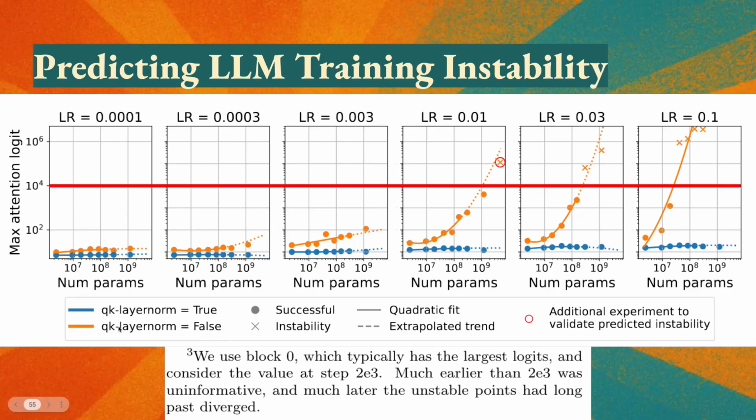As soon as we go to QK-layernorm being false and the learning rate starts increasing, from 1e-4 to 1e-2, now we start seeing the exploding attention logits. And if we extrapolate this to, I think this was a 4 or 5 billion parameter model, we can see that it crosses this 10 to the 4 threshold.